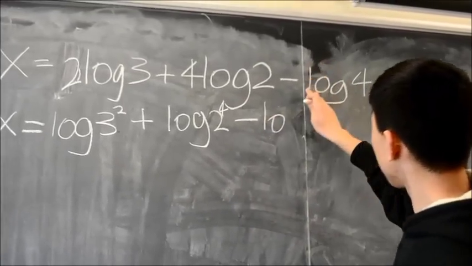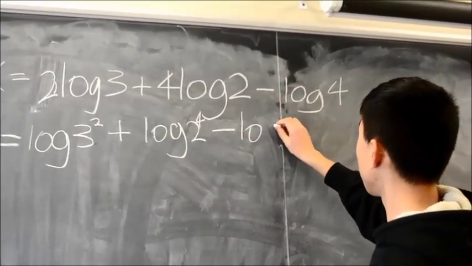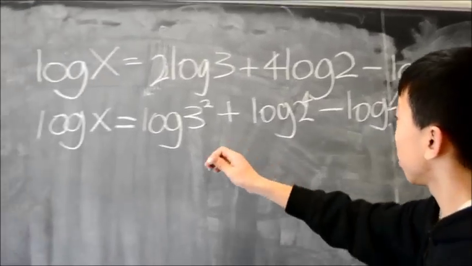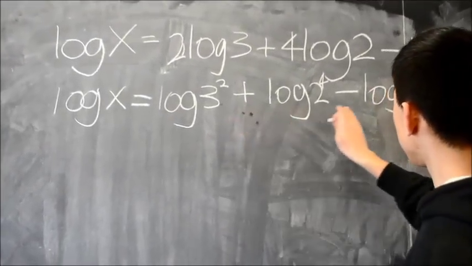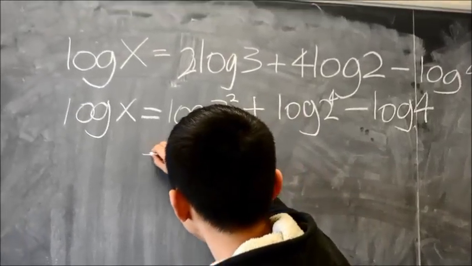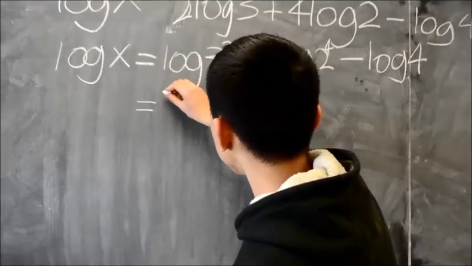Now, this one's coefficient is just simply 1, so it's not necessary to rewrite it again. Now, we have addition and subtraction, and we're going to use our product and quotient laws to solve it.